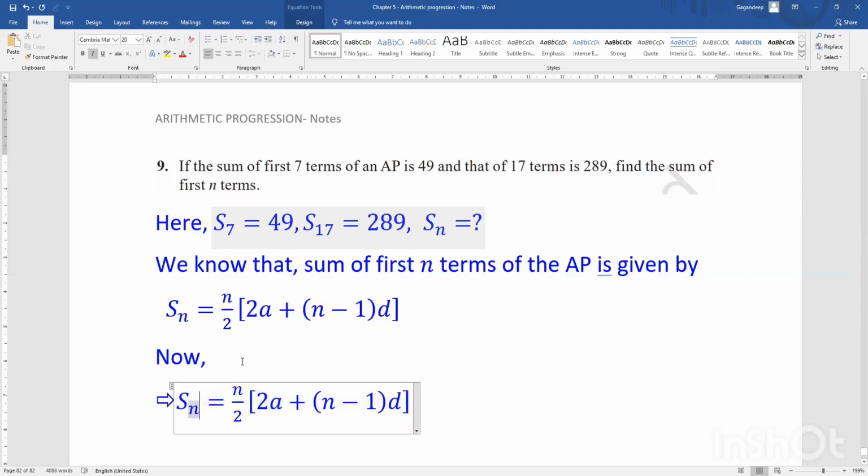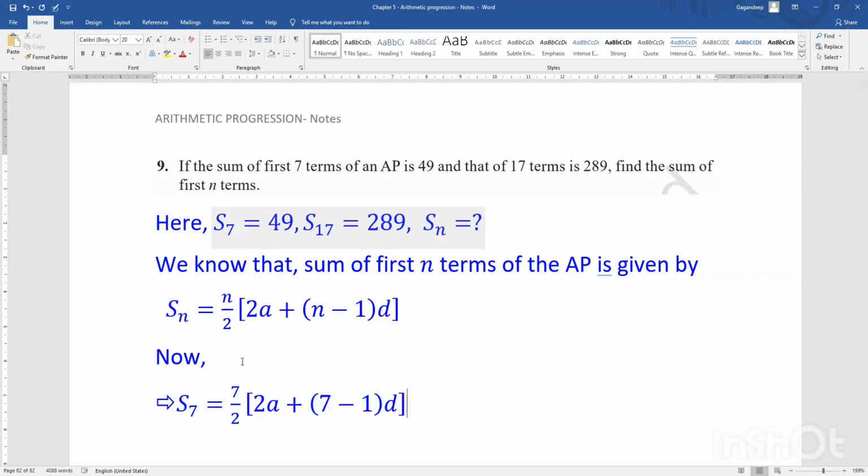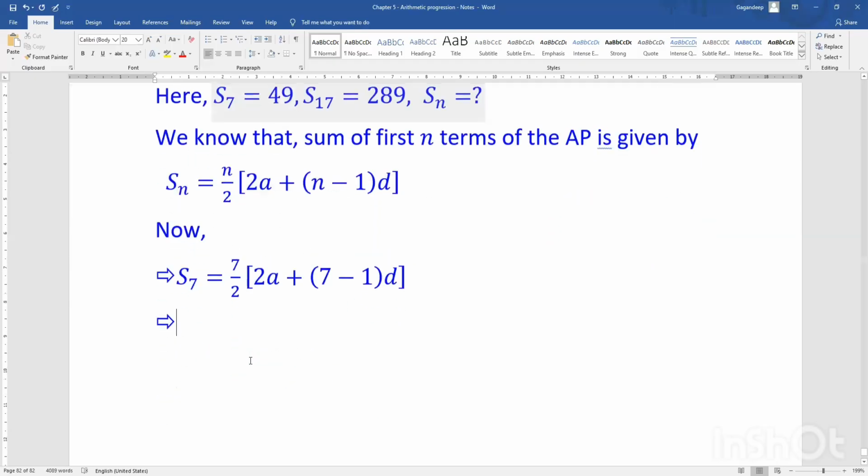So, I just replace n with 7. S7 equals 7 by 2 into 2a. A, I don't know the value, but I know the value of n. N I replace with 7. 7 minus 1 into d. So d also, we don't know the value.